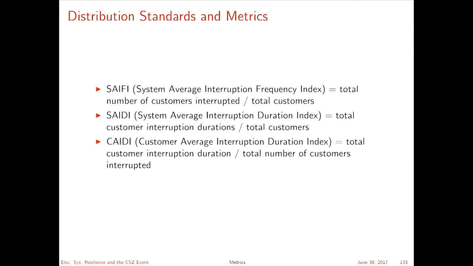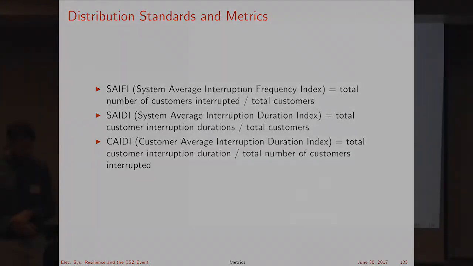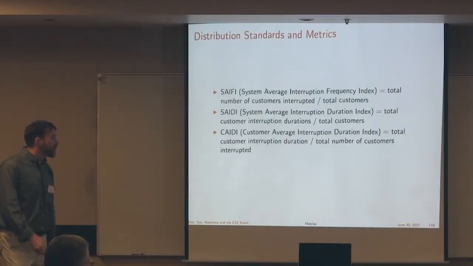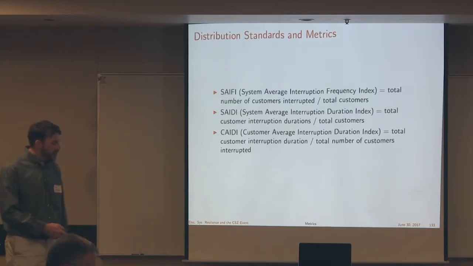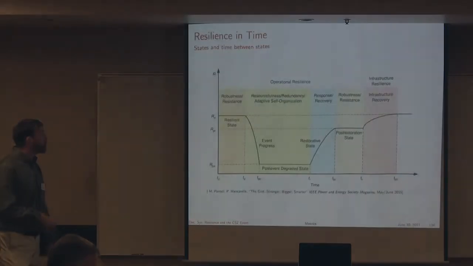So the average interruption that a customer will see, measured in some hours per year or something like that. And then last is CAIDI, which is the total customer interruption duration divided by the total number of customers interrupted. So for customers that were interrupted, what's the length of time, those average interruption lengths? So again, 3 very simple, very easy to use metrics, generally used by the power systems community, particularly planners and things like that.